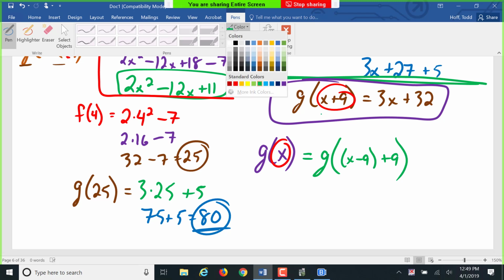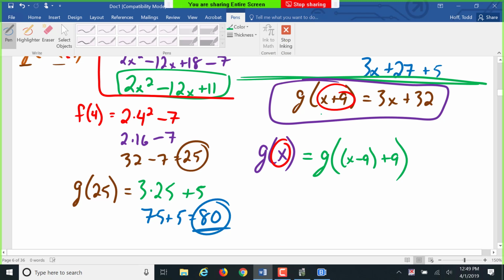What that means is I am putting x minus 9 into the function here for g of x plus 9. So this is going to be 3 times, instead of x, it's going to be x minus 9 plus 32.